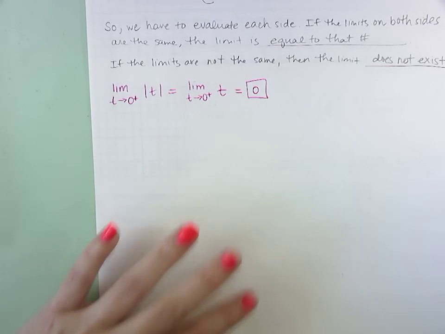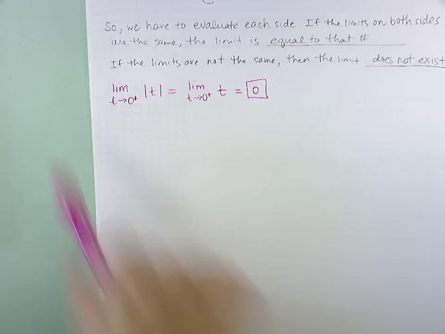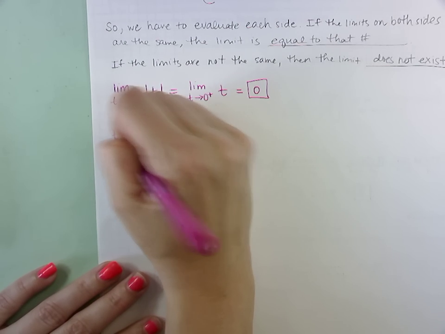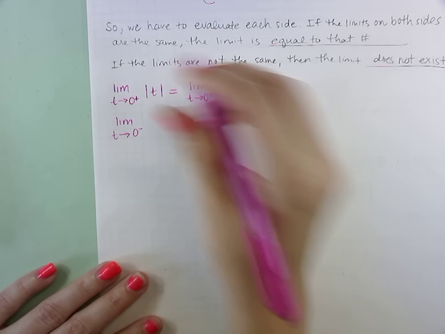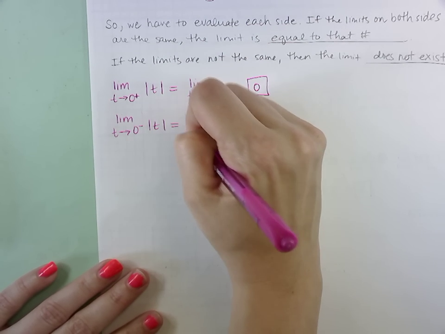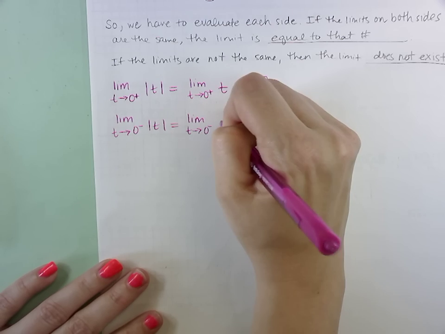Okay, and then we'll do the limit of the left side. The limit as t approaches 0 from the left of the absolute value is the limit as t approaches 0 from the left of negative t.